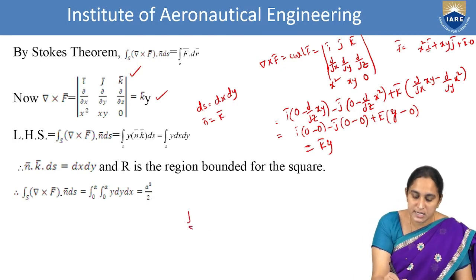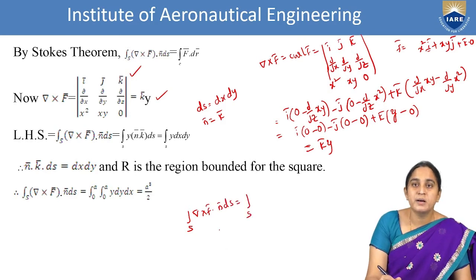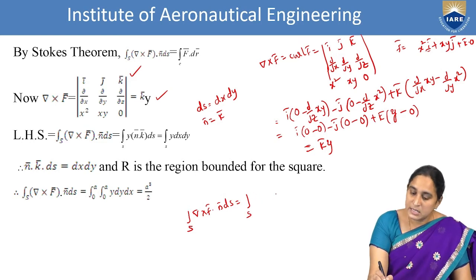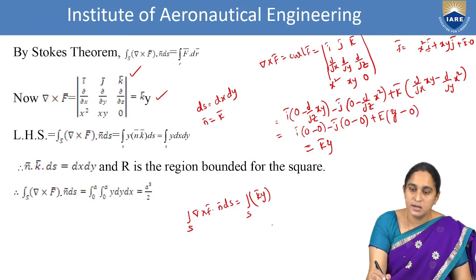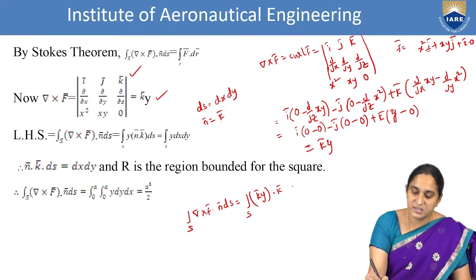Now, therefore, integral S del cross f bar dot n bar ds, where del cross f bar is k bar into y, dot n bar, which is k bar, into ds, which is dx dy.